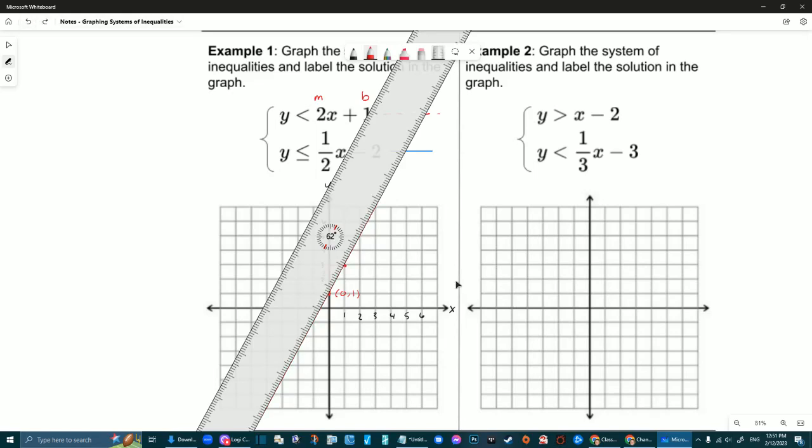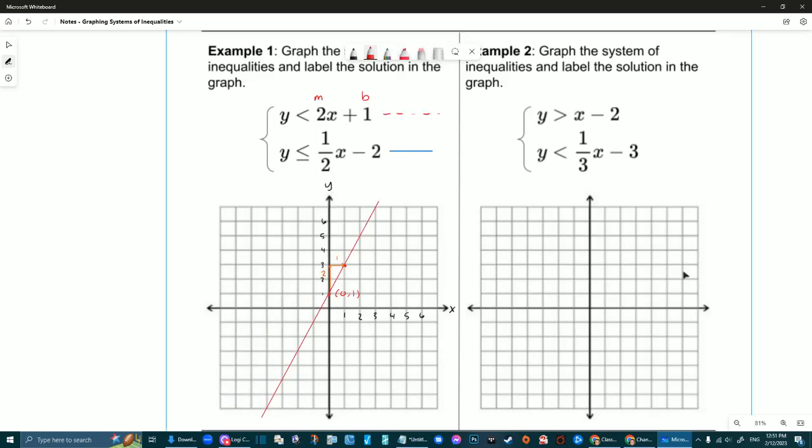And now that I've done that, remember it's supposed to be dashed. So I think probably the easiest way for me is to go through and erase chunks. For you, it might be easier to just draw it dashed as you go. But computers are a little finicky. So let's go ahead and erase chunks here. Okay, so dotted line, arrows on the dotted line, label that line with the inequality.